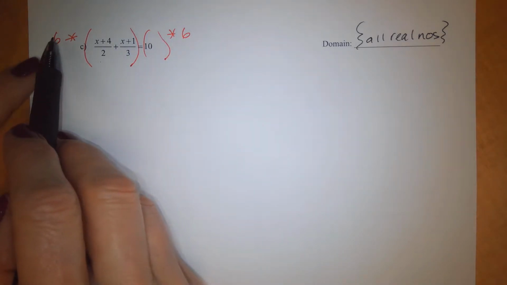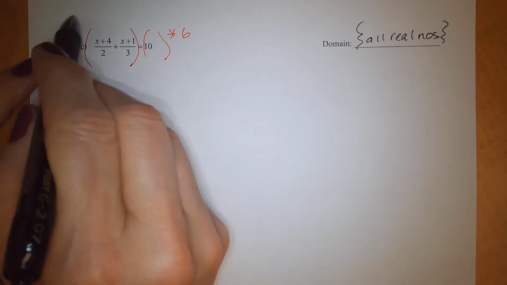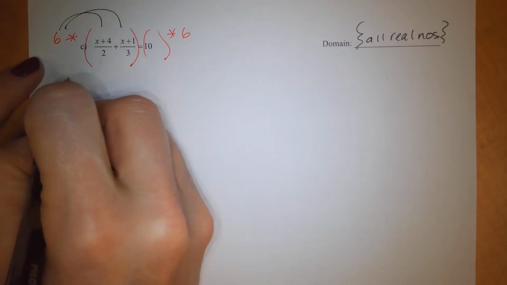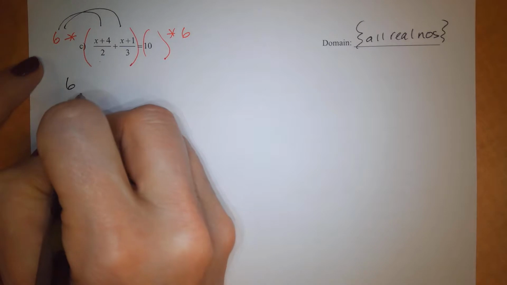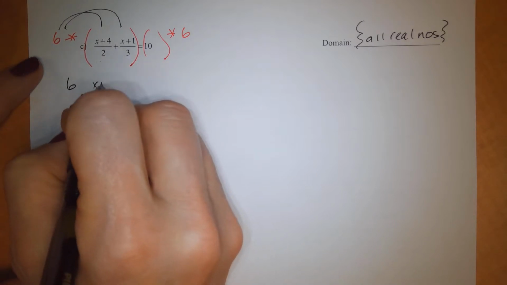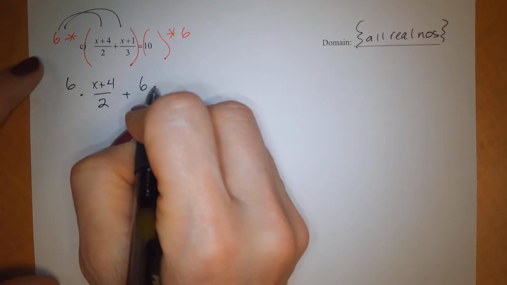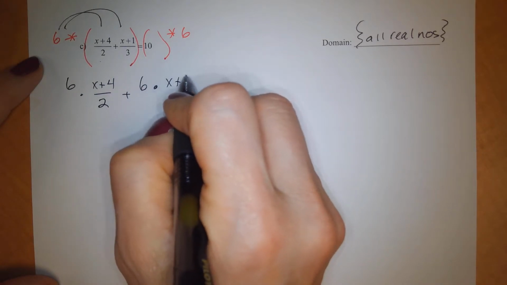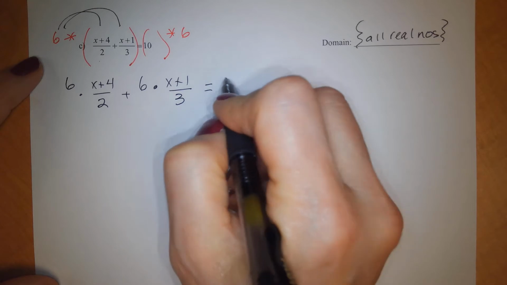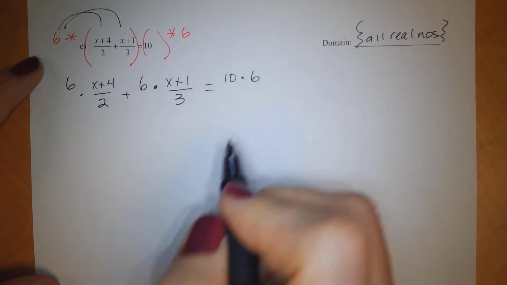When doing that, you'll see that this 6 is going to get distributed to both parts. So it becomes 6 times x plus 4 over 2 plus 6 times x plus 1 over 3 equals 10 times 6.